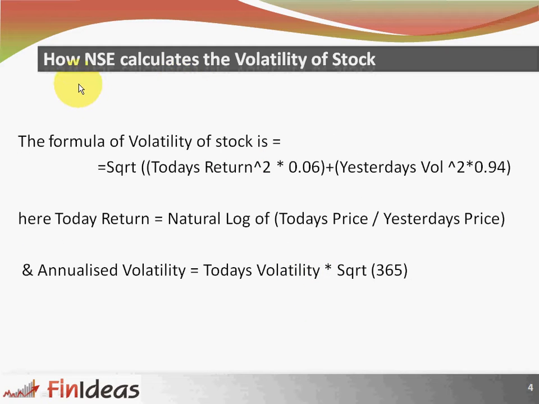Now, how does the National Stock Exchange calculate the volatility of a stock? The formula of volatility of a stock is the square root of today's return squared multiplied by 0.06 plus yesterday's volatility squared multiplied by 0.94.